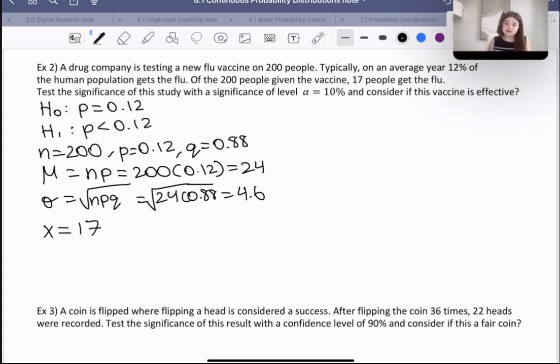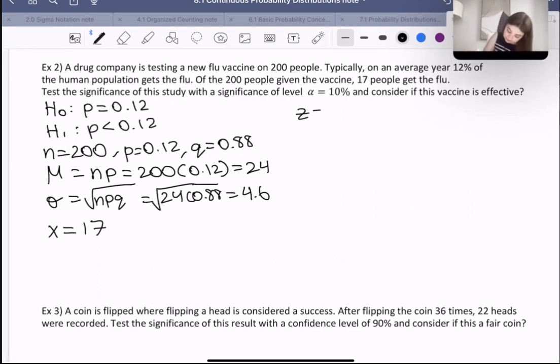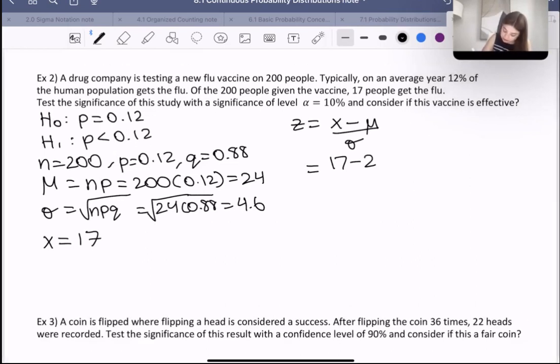So let's do that. Let's find the Z score now. Z, as a reminder, is equal to X minus mu over standard deviation, which is going to be 17, our sample mean, minus our overall population expected value, which is 24, over standard deviation, which is 4.6.